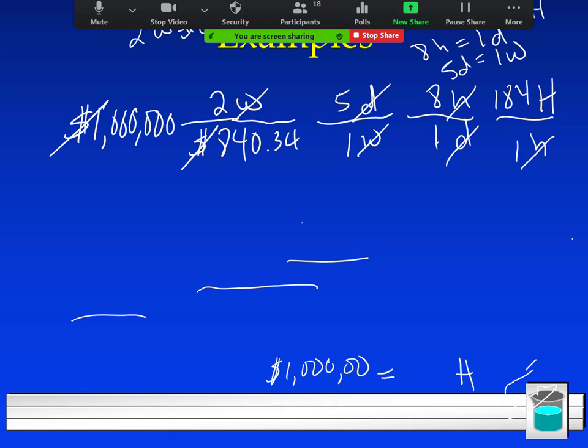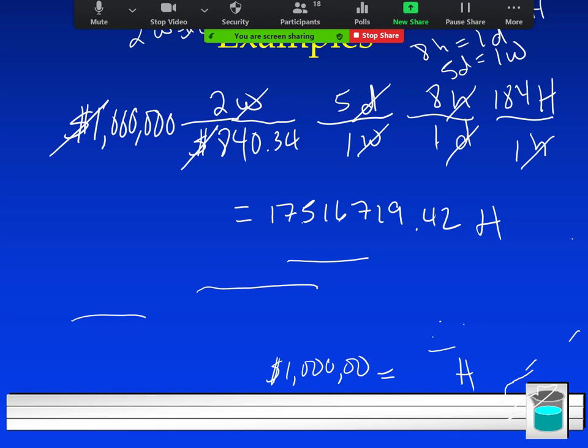So my calculator gave me this number: 175,167,190.42 hamburgers. That's a lot of hamburgers.